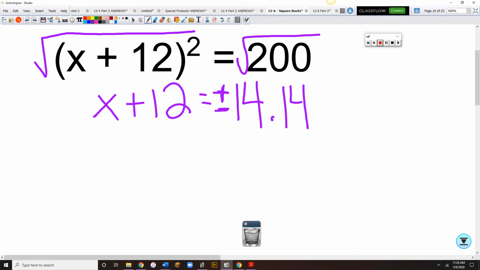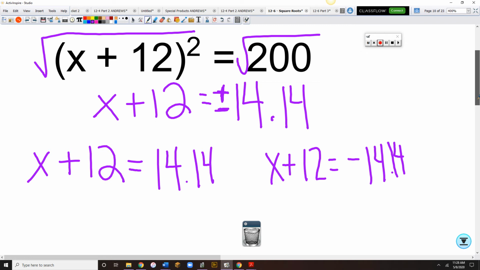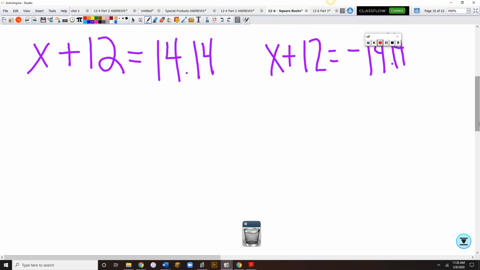Then we split this into 2 problems. X plus 12 equals the positive 14.14, and x plus 12 equaling the negative 14.14. And then we solve both of those.